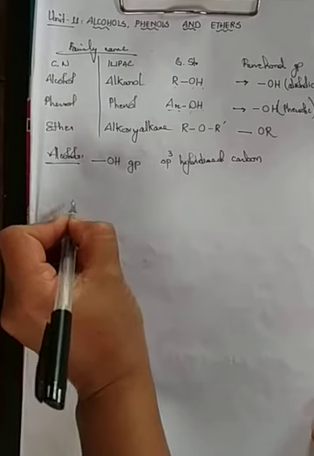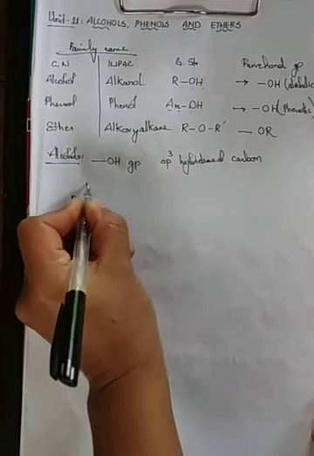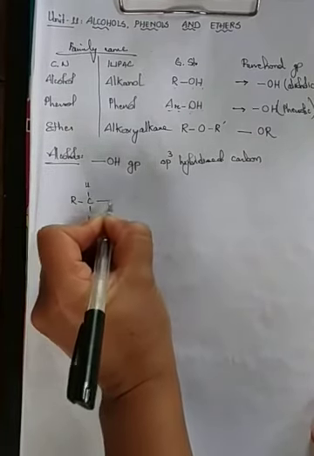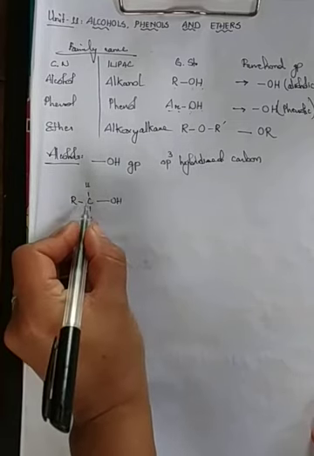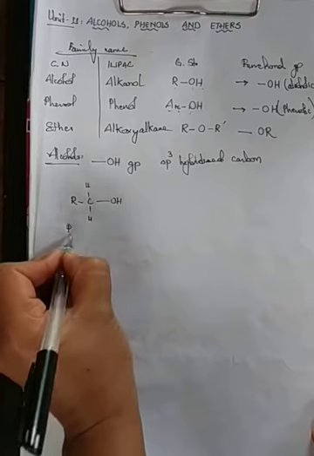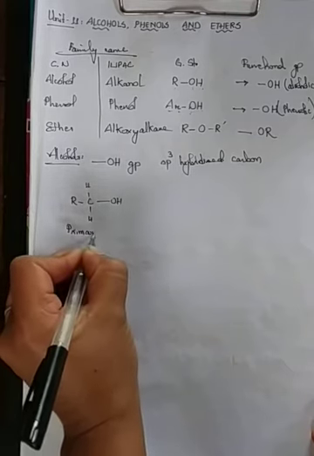Let's first check out the primary alcohol, with OH. Our carbon atom here is sp3 hybridized. The OH group is attached to an sp3 hybridized carbon atom. It is referred to as primary.